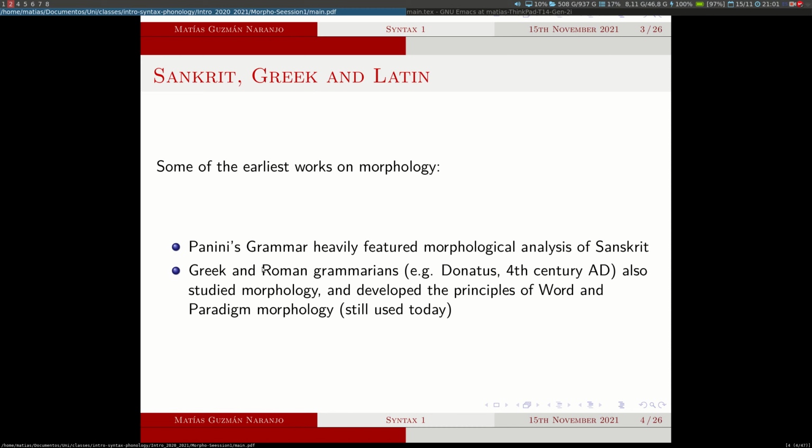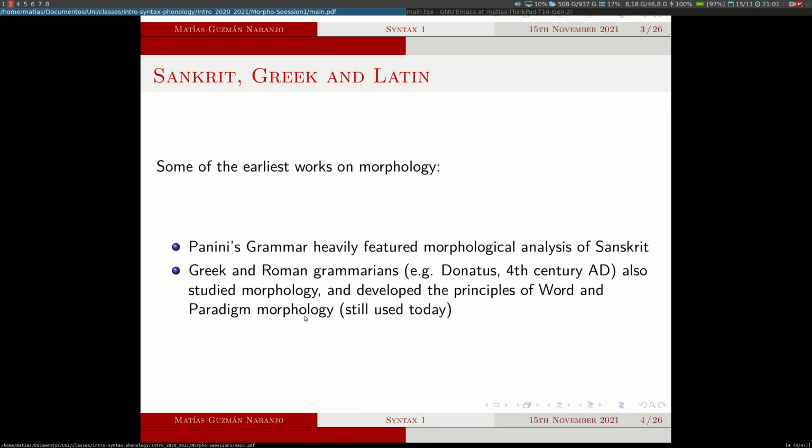On the other end of the world, Greeks and Romans were also focusing on the morphology of Greek and Latin, probably also because these languages feature morphology heavily, and they developed the first ideas of a theory of morphology that's called word and paradigm morphology.